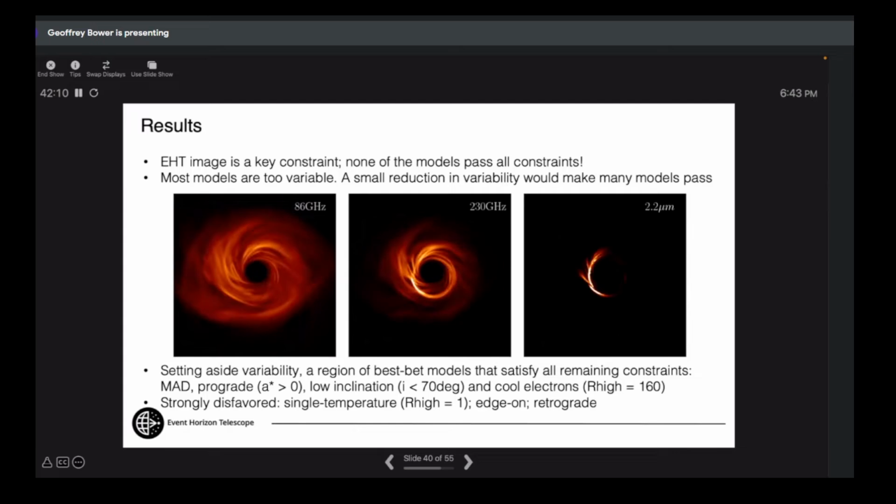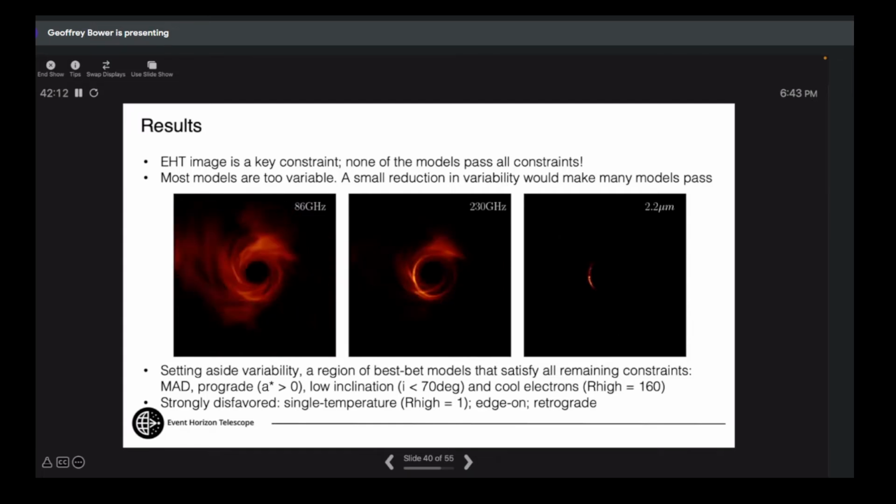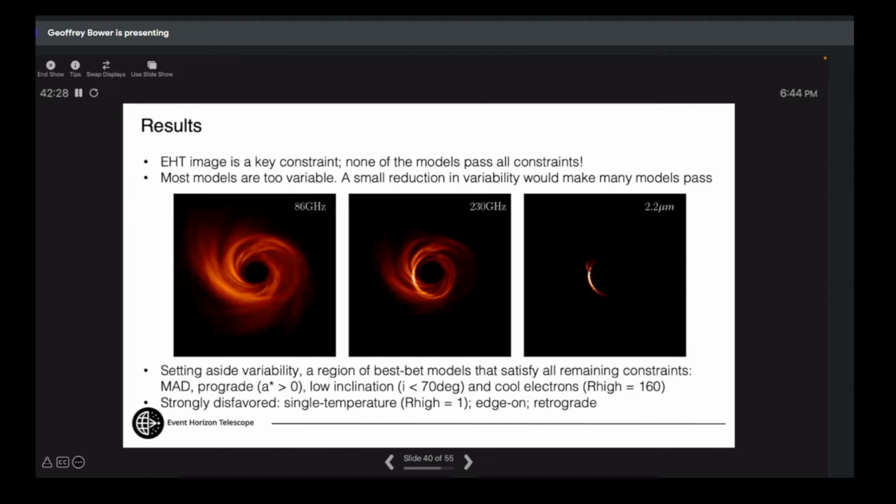And so edge-on systems, retrograde spins, and situations where the electron temperature is equal to the proton temperature. So these are radiatively inefficient accretion flows.